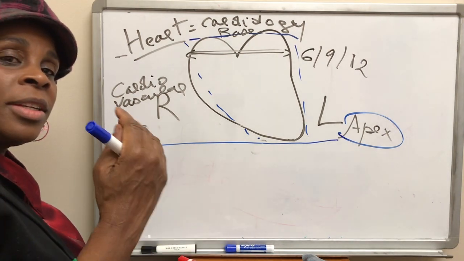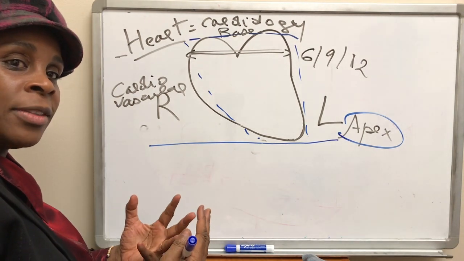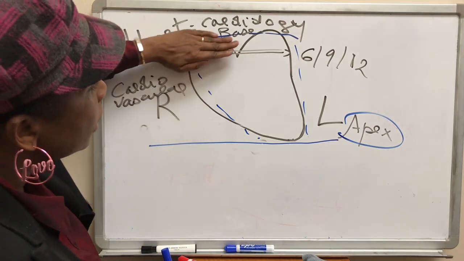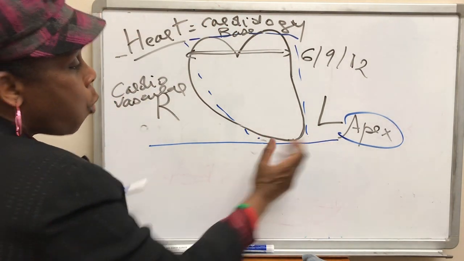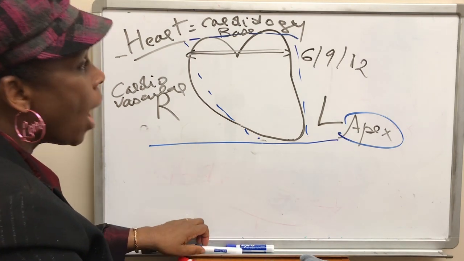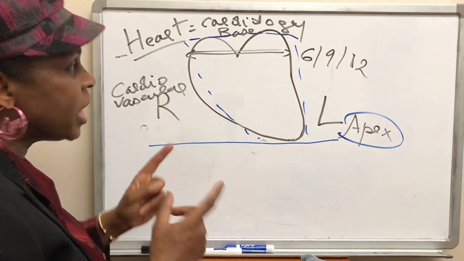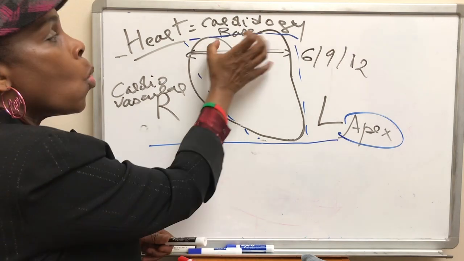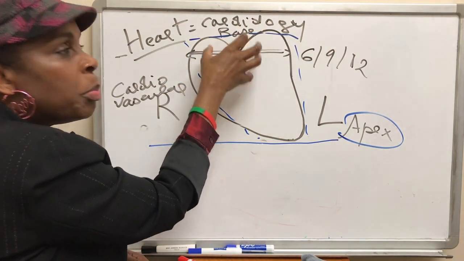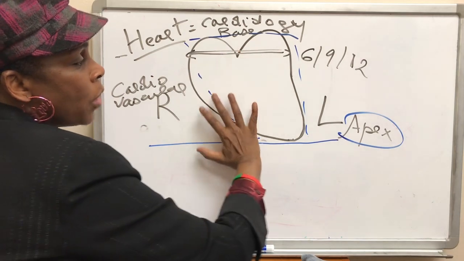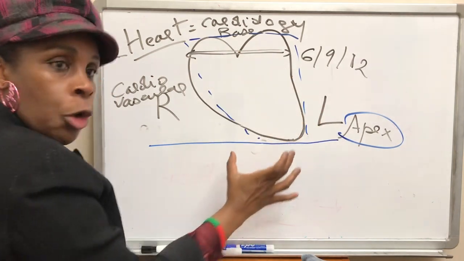Let's look at the shape of the heart again. You can tell that the very top is wide and the bottom is pointy. That is why when we talk about the function of the heart, you're going to see that this is wide with less space, so it pumps blood to the bottom one that's big and longer.